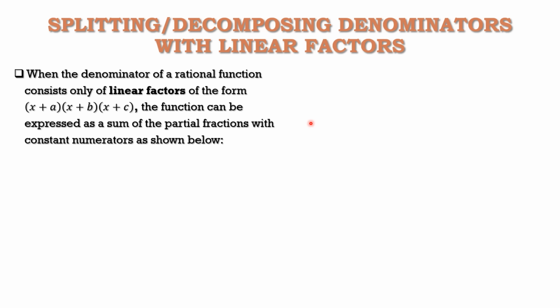When the denominator of a rational function consists only of linear factors, meaning factors of the form x plus a, x plus b, x plus c, the function can be expressed as the sum of partial fractions with constant numerators as shown below.